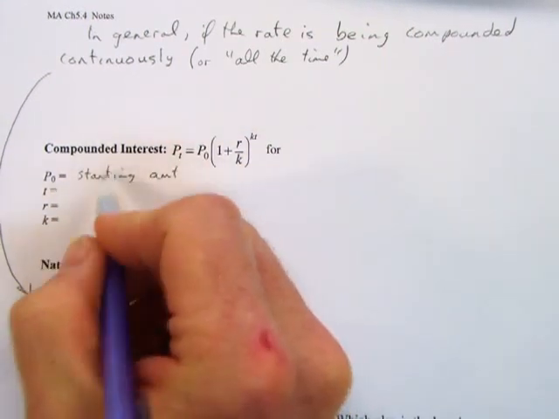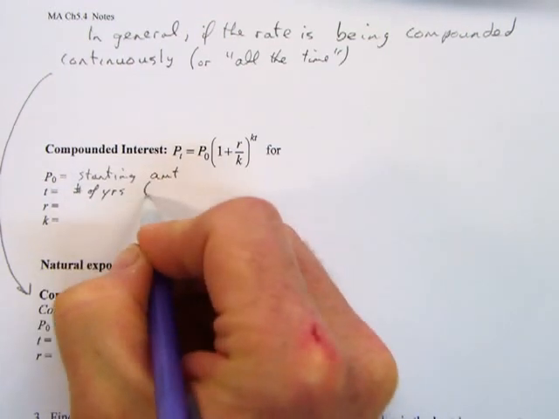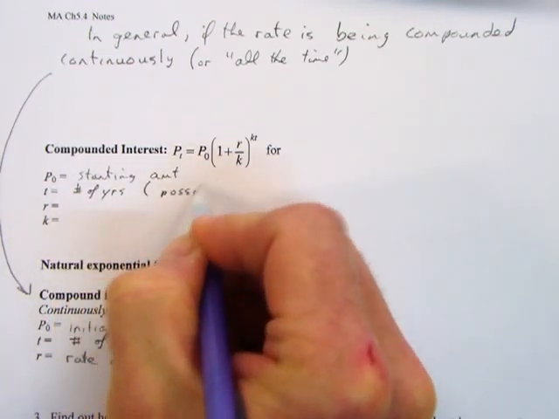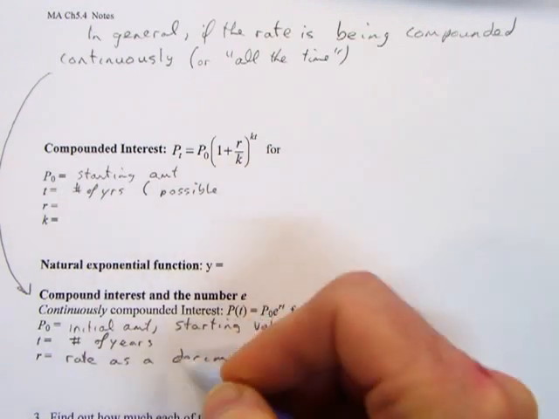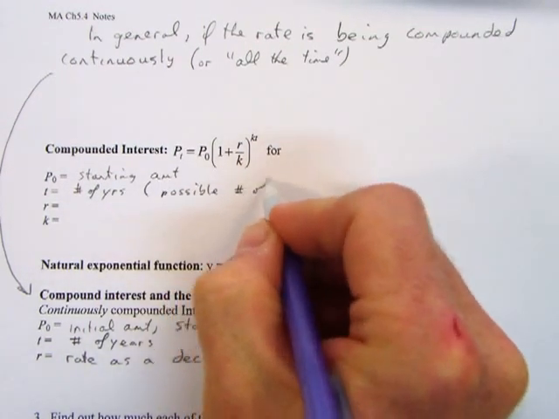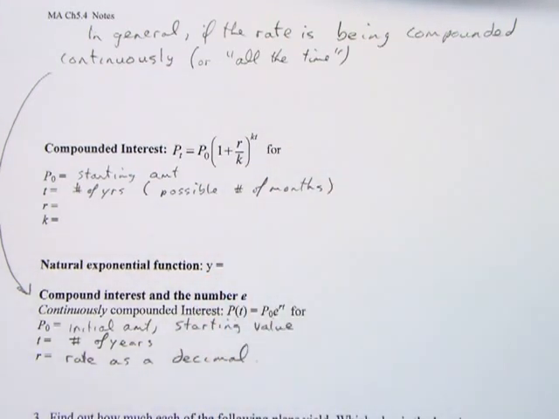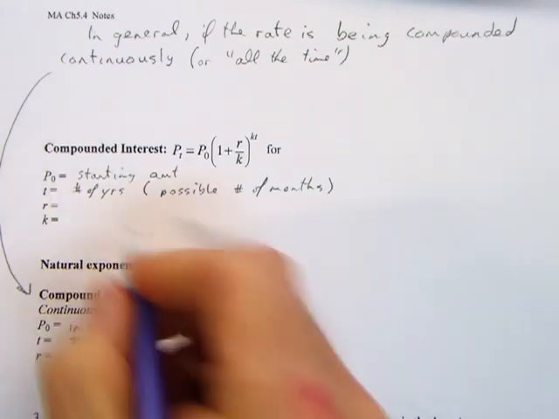Now, it is possible, though, that you could have different time units. It could be number of months. You have to look at the context of the problem to determine that. If we're talking about the money being compounded, then we're saying it's annual. r would be our rate as a decimal.